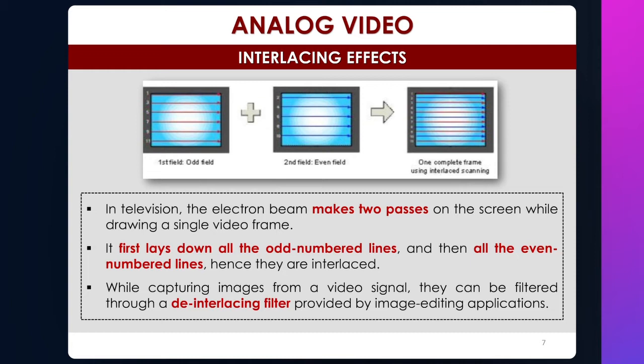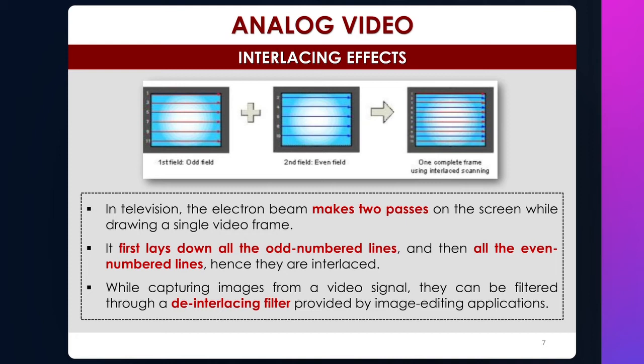In television, the electronic beam makes 2 passes on the screen while drawing a single video frame. It first lays down all the odd number lines and then all the even number lines, hence they are interlaced.